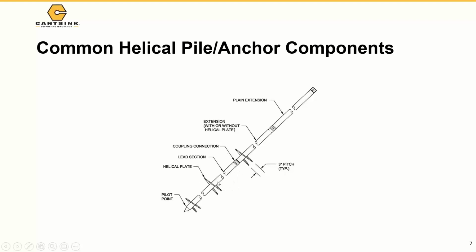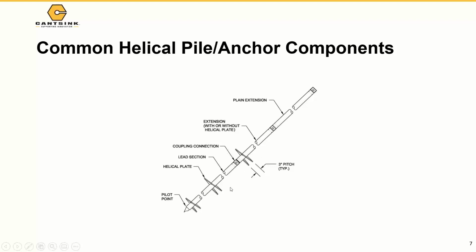Also, these helical segments, the lead section and the extension, the most common lengths are 5-footer, 7-footer, and 10-footer, specifically the 5-footer and the 7-footer. When the helical plates are welded to the lead section or the extension, there is a requirement about the spacing between them.